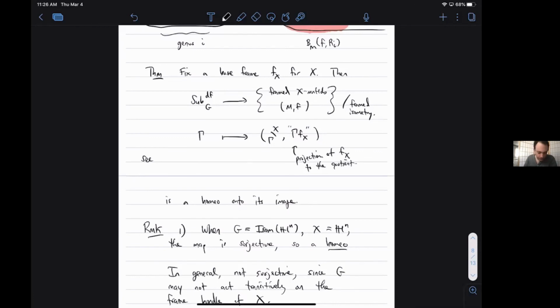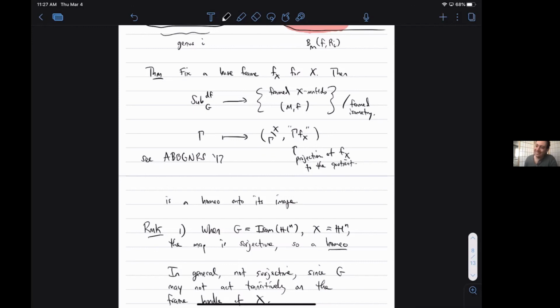There's this paper with a billion authors, by Miklós and me and Nicolas Bergeron and Tsachik Gelander and Nikolay Nikolov and Jean Raimbault and Iddo Samet, from 2017. It's on limits of, I can't remember the name of the paper.